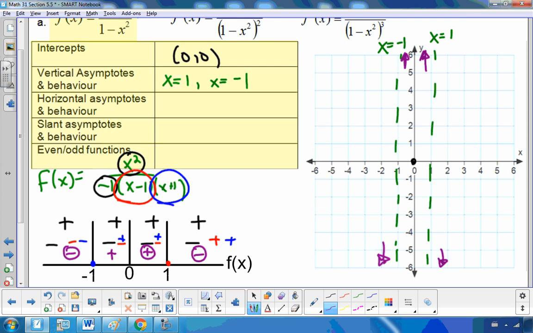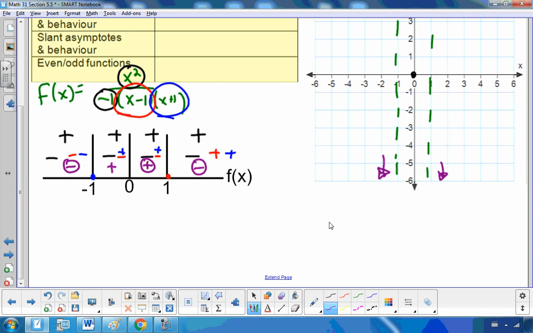Let's see if we have a horizontal asymptote. To figure that out, I want to use long division on my function. So I'm going to do negative x squared plus 1 divided into x squared. Looking at that, x squared divided by negative x squared is negative 1, multiplying it through, x squared minus 1, subtracting, and I have a remainder of positive 1 because 0 take away negative 1 is 1.